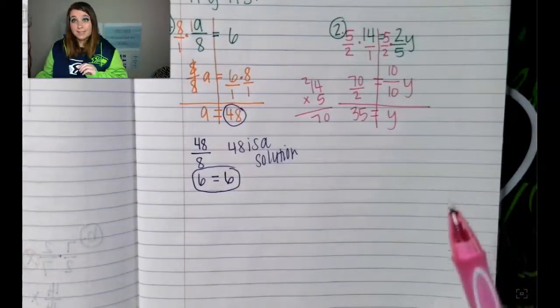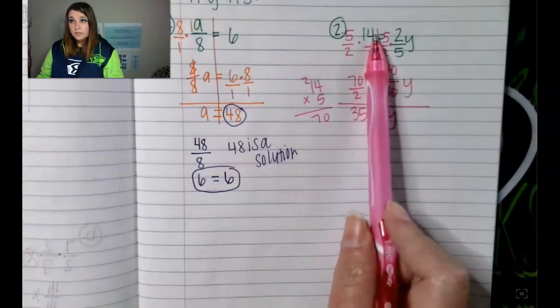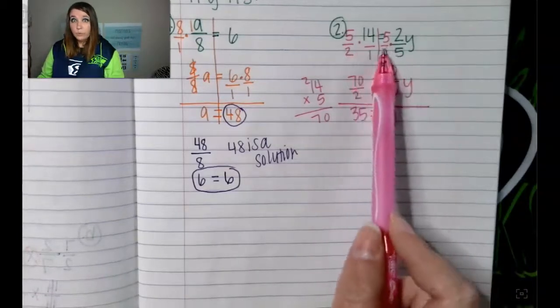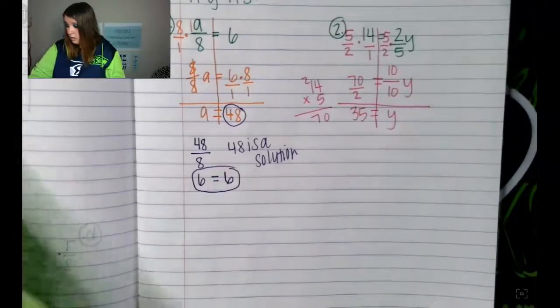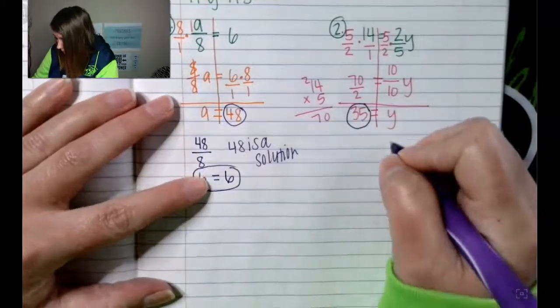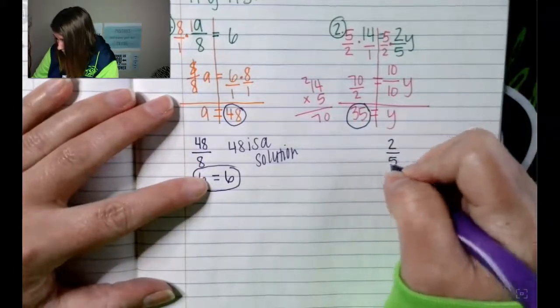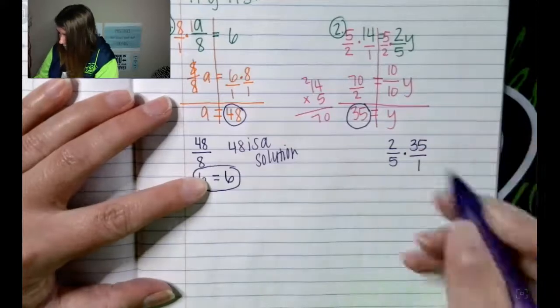I am going to check this now because this flipping business is really bizarre and I don't know if I got this right. So I better be checking my solution here. Okay, I think it's 35. So I'm going to come up here and I'm going to say 2 over 5 times 35 over 1.